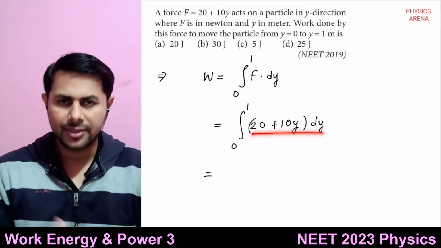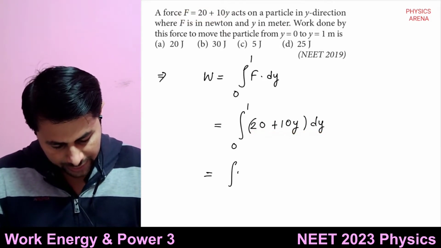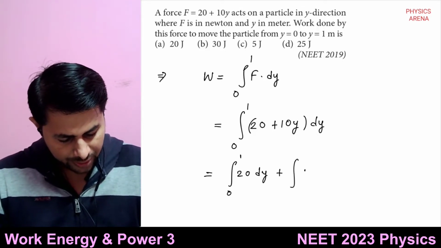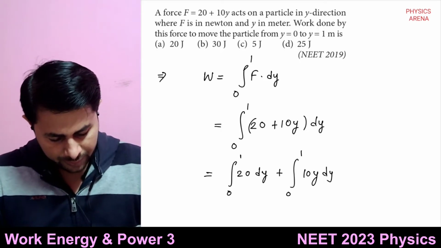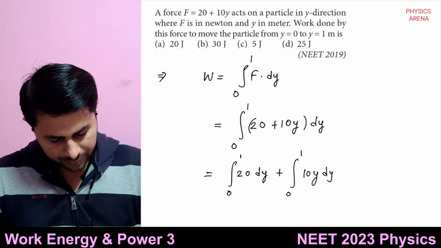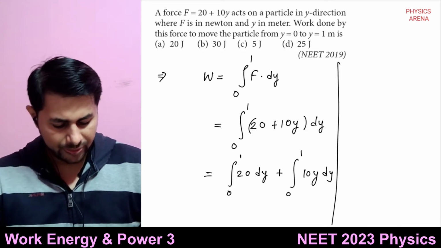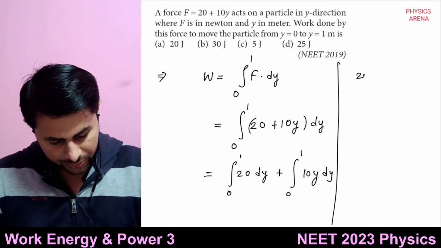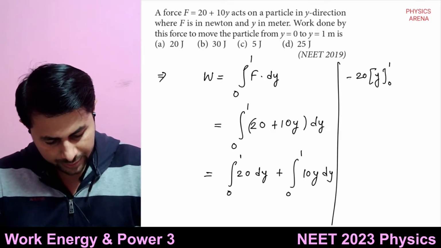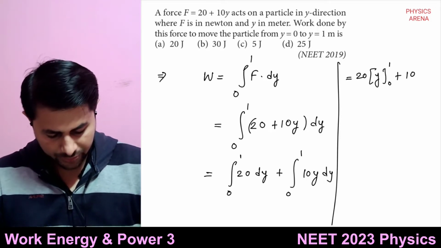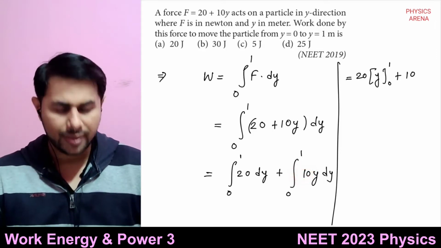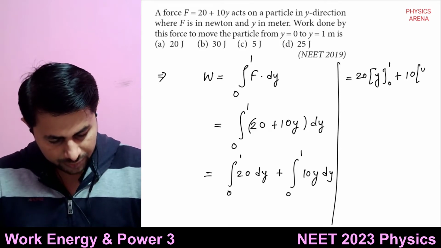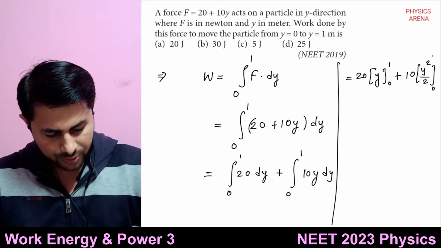You can separate this into two integrals. So it is the integral of 20 dy from 0 to 1, plus the integral of 10y dy from 0 to 1. 20 you can take out, and the integral of dy is y. So 20 times y from 0 to 1, plus 10 you can take out from the second integral, and the integral of y dy is y square upon 2, from 0 to 1.